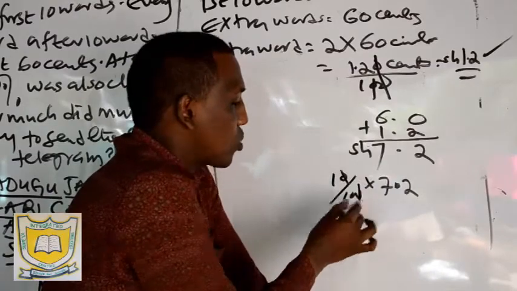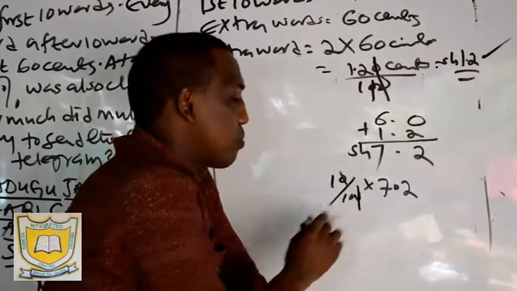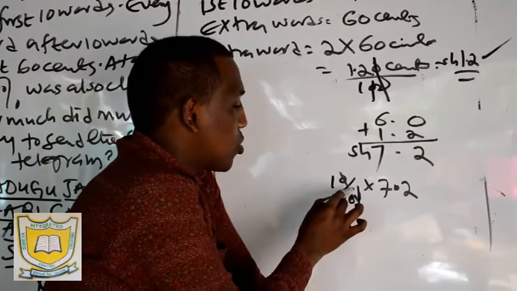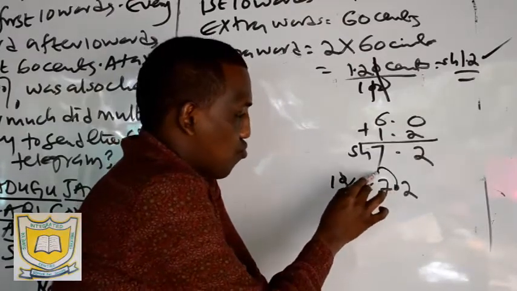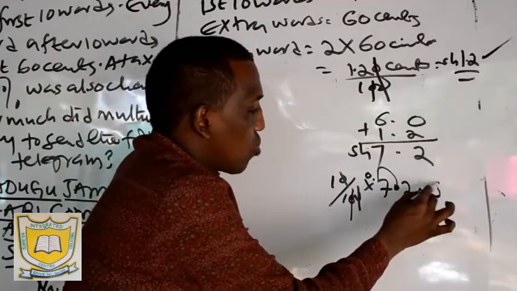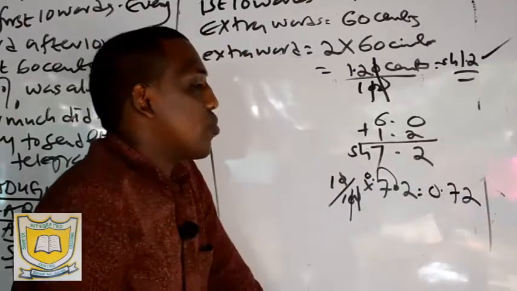We cancel. The zeros we kill, but we don't simplify by 2. Here 0 remains. You cancel the 0, the point will move by 1 step, so the answer is 0.72. What do we do now with that answer?